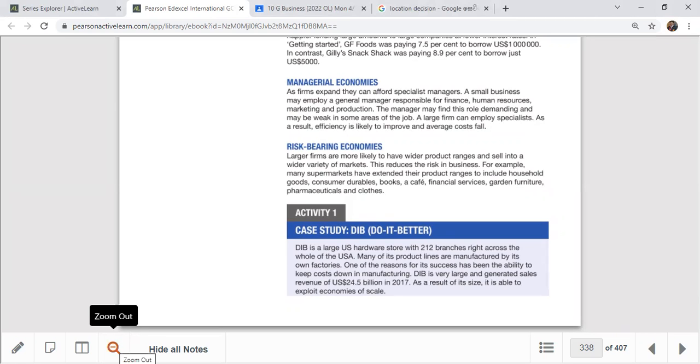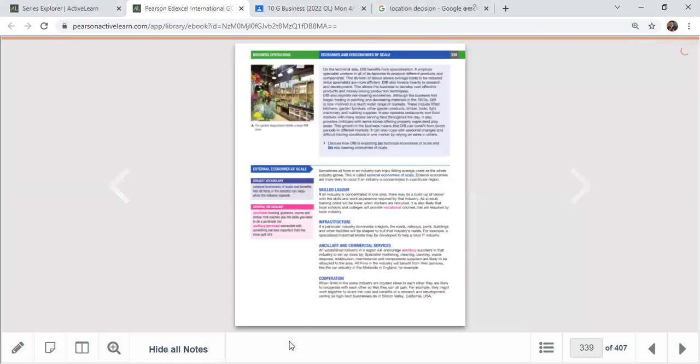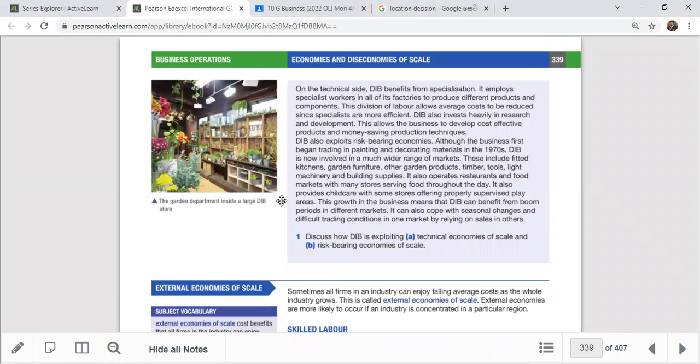DIB is very large and generated sales revenue of US$24.5 billion in 2017. As a result of its size, it is able to exploit economies of scale. Okay, continue.